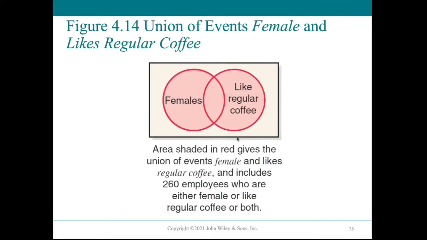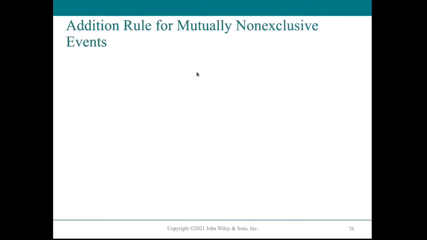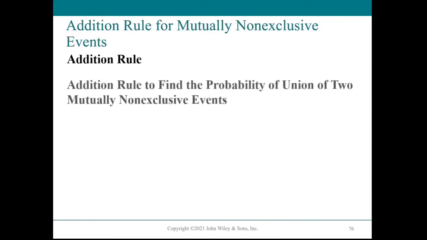Okay, so this is your union of events. Unlike intersection, which is only in this region, for union of events, it counts as long as outcomes are within the events outlined here. So we have here addition rules. For mutually non-exclusive events, the addition rule is used to find the probability of the union of two mutually non-exclusive events.